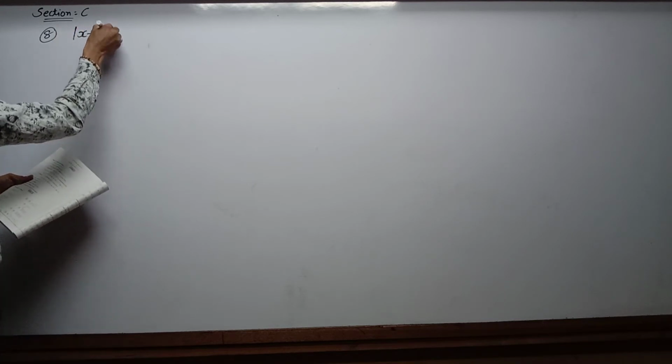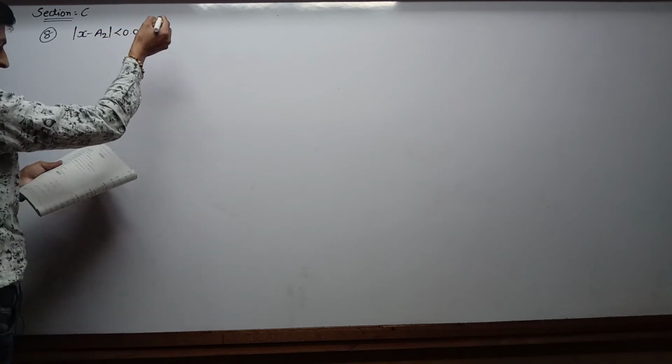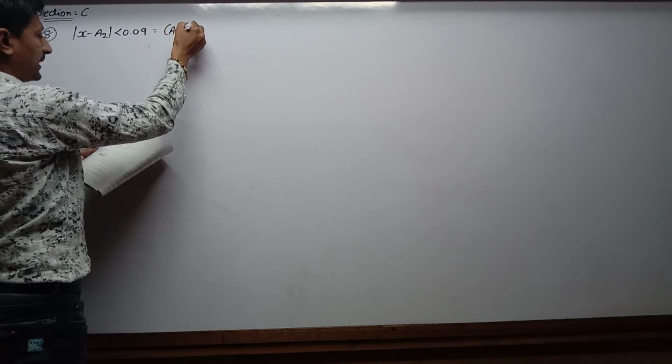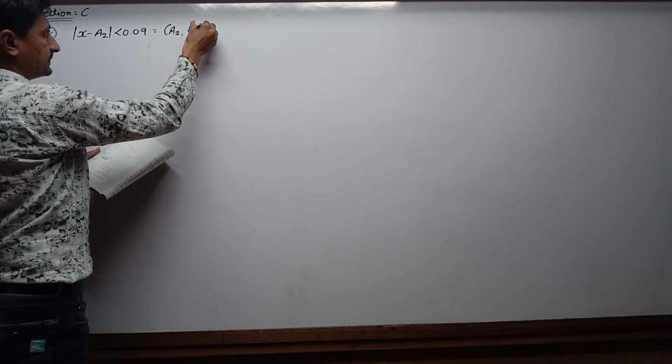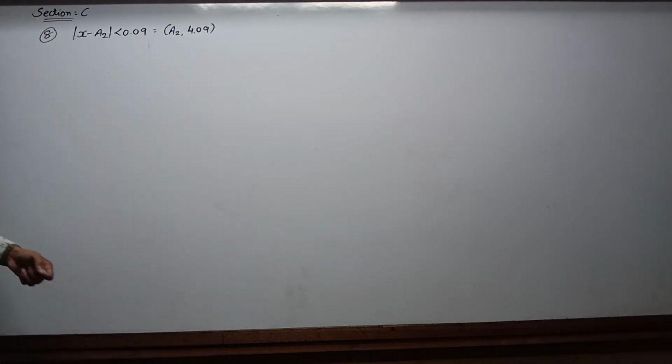Like the previous question, we will compare like question number 6. x minus a1 in modulus less than 0.09 is equal to, in interval form, a2 to 4.09. Then find the value of a1 and a2.